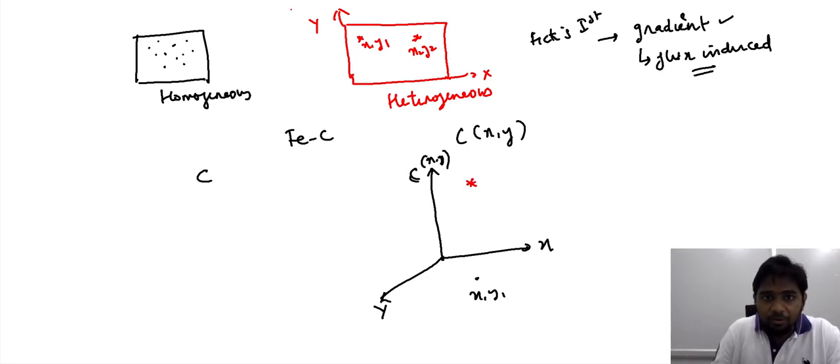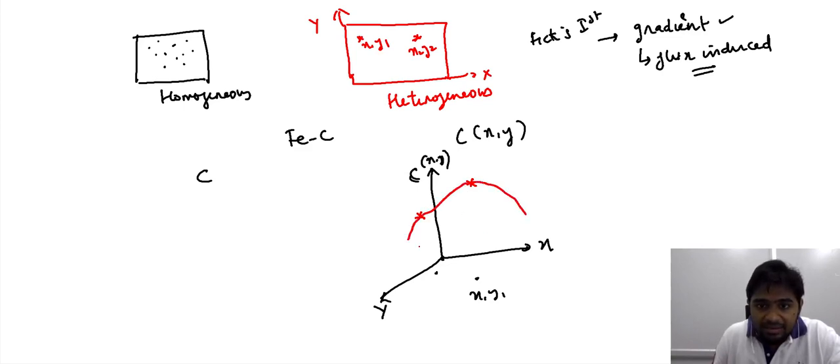And if at a point x2, y2, say it's here, you can estimate the corresponding concentration from the system, and the point will correspond to this here. So what essentially we can do is, we can build a plane in this three-dimensional system that essentially represents how the concentration is distributed in the system.